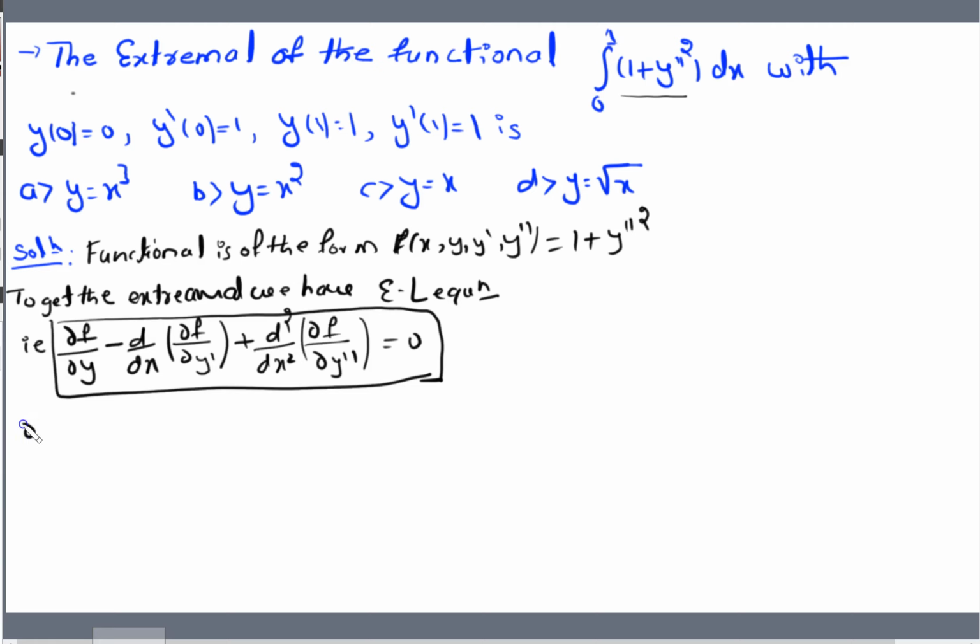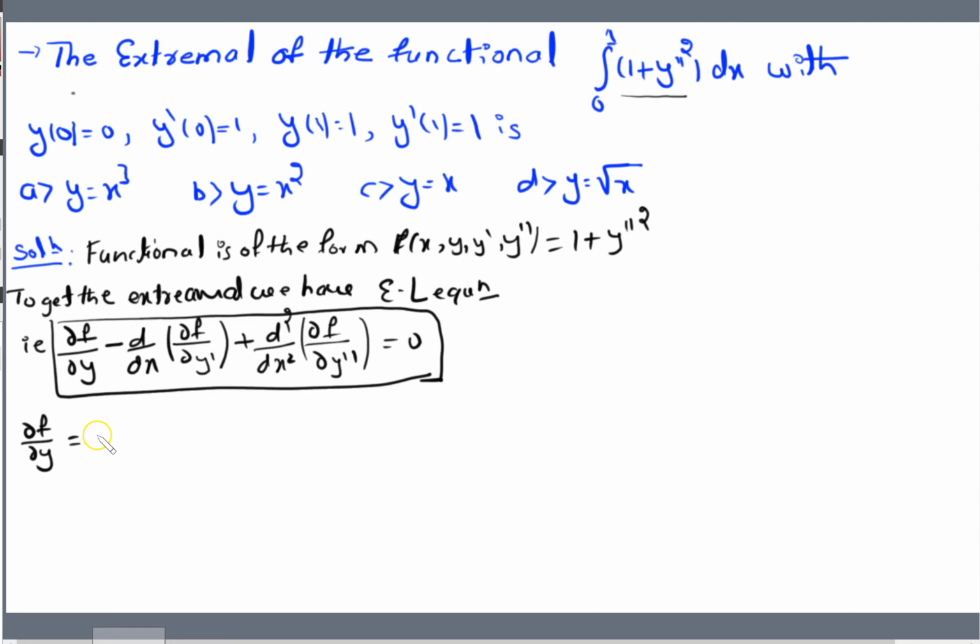First we need to find dou f by dou y, the partial derivative with respect to y.